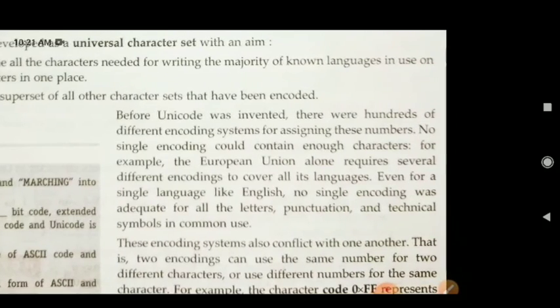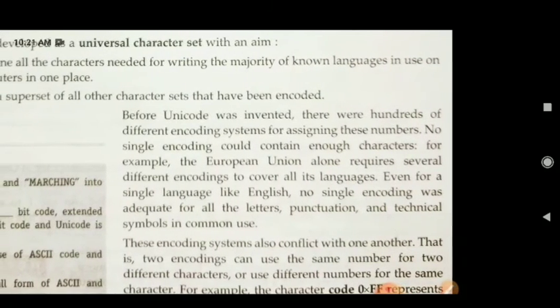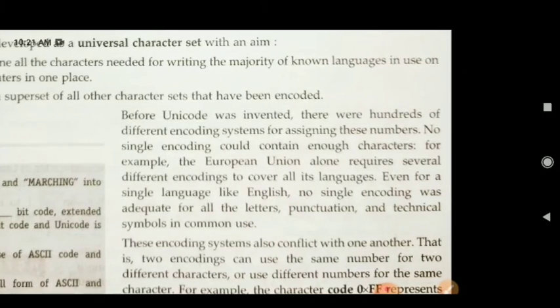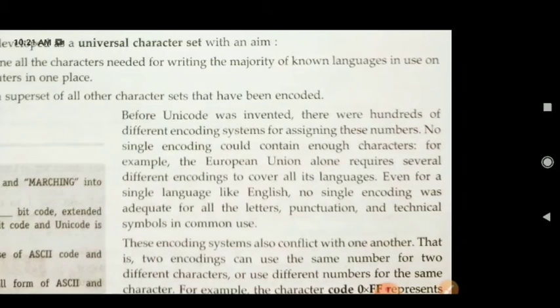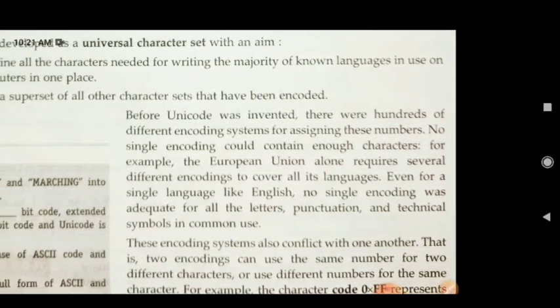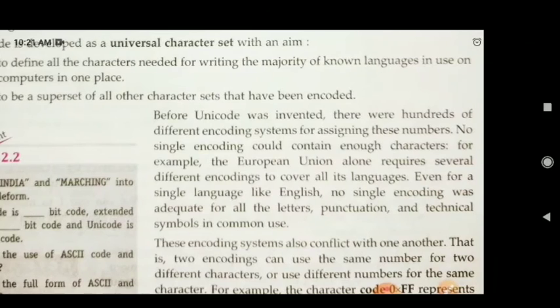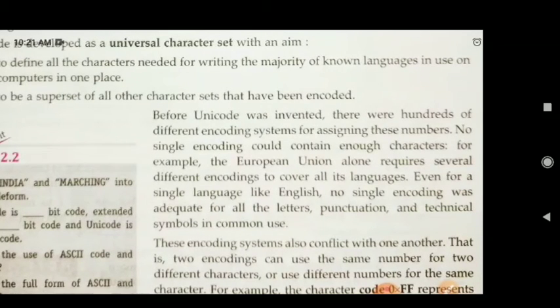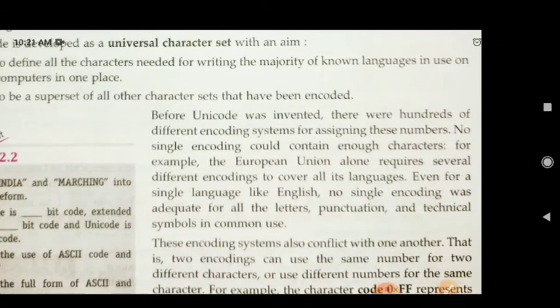Even for a single language like English, no single encoding was adequate for all the letters, punctuation, and technical symbols in common use. These encoding systems also conflict with one another. That is, two encodings can use the same number for two different characters, or different numbers for the same character.